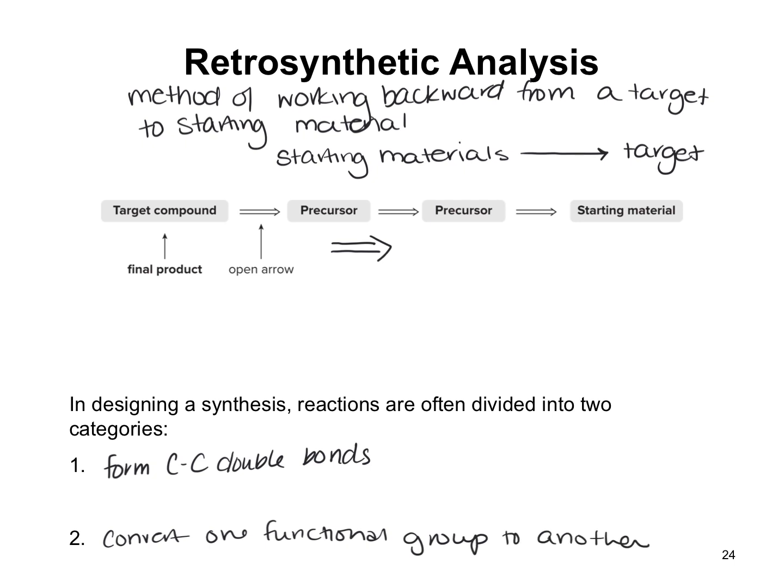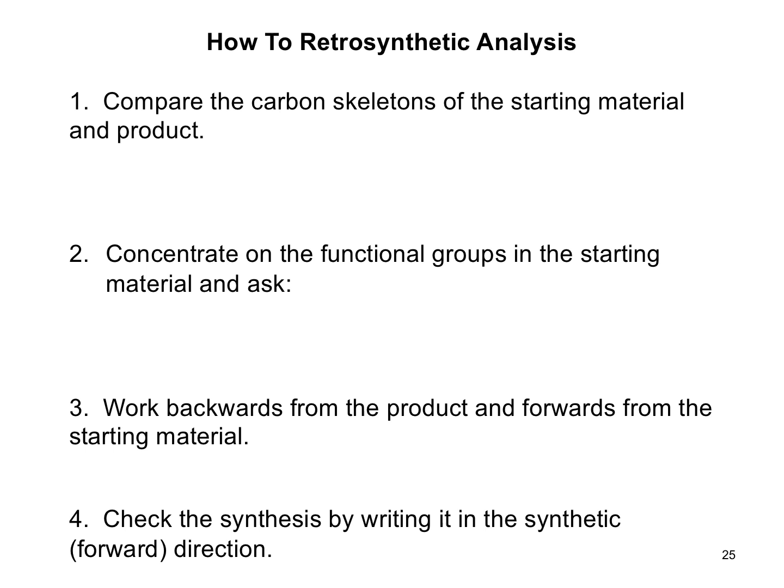And so when you start working a problem, which we're going to do here in a minute, it's very helpful to go through a set of steps before you jump into the problem so that you can organize your thoughts. So the first step that you need to do is compare the carbon skeleton of the starting material and the product.